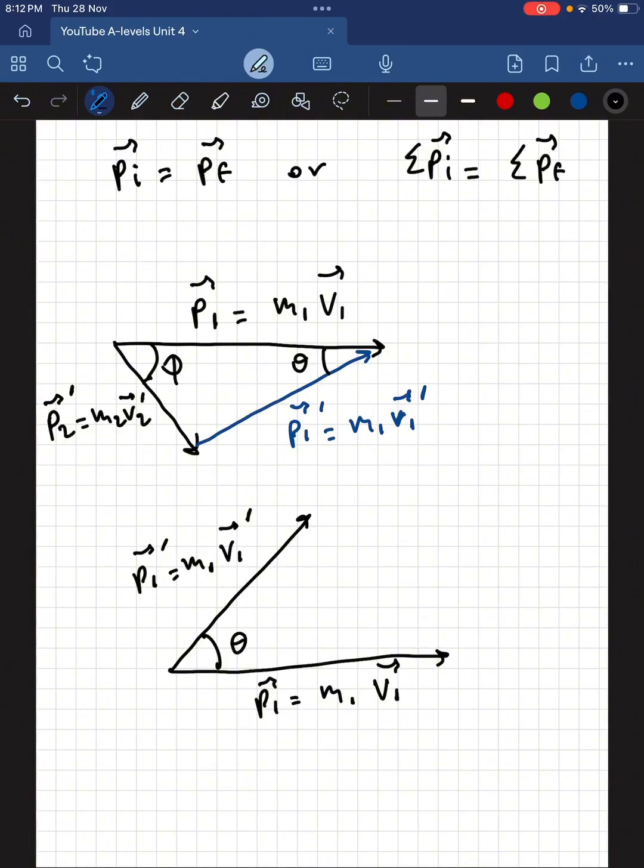And to close this triangle, because P1 is the sum of all the momenta after, if you sum P1 prime and P2 prime, you should get P1. So this is going to be P2 prime, which is equal to m2 v2 prime, and this angle is now phi. So this is the vector sum: the sum of the momenta before should be equal to the sum of the momenta after.